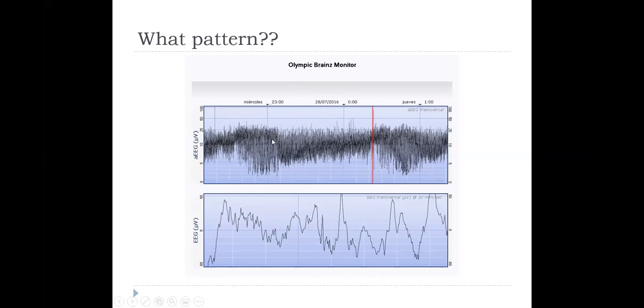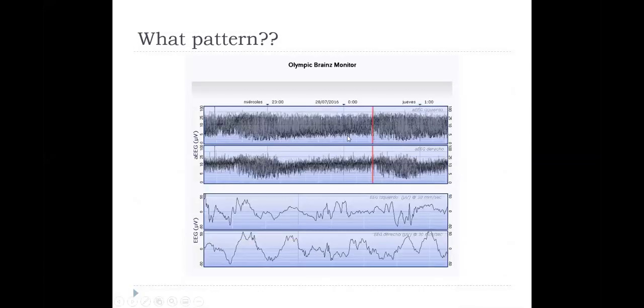I think it's a very normal pattern, a continuous pattern in a baby near full term, that doesn't mean anything. But in the same baby, if you see the same trace in a longitudinal montage, you can see the difference between the two sides.